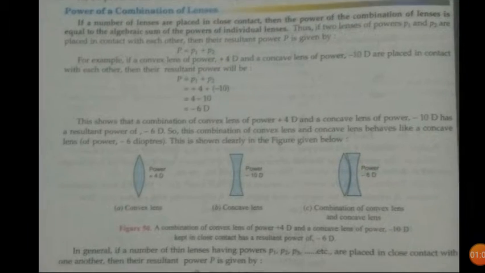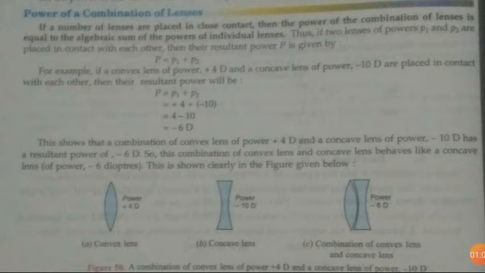Suppose we are having two lenses whose power is given by P1 and P2. When we keep them in contact, the total power of that combination becomes P1 plus P2. Now suppose we have a convex lens of power plus 4 diopter and a concave lens of power minus 10 diopter.